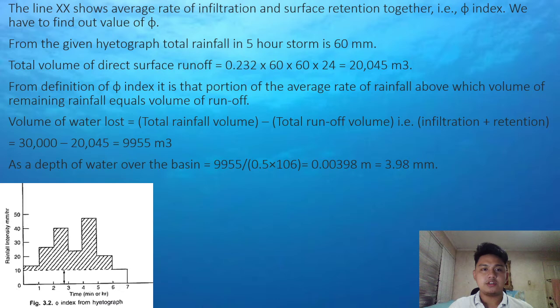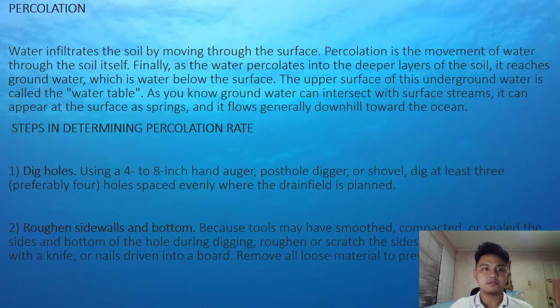So from the definition of the φ index, it is the portion of the average rate of rainfall above which the volume of remaining rainfall equals the volume of runoff. So the volume of water loss equals the total rainfall volume minus the total runoff volume, infiltration plus retention. So the overall calculation will lead us to 3.98 millimeters.